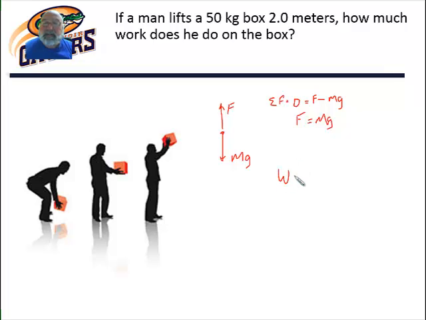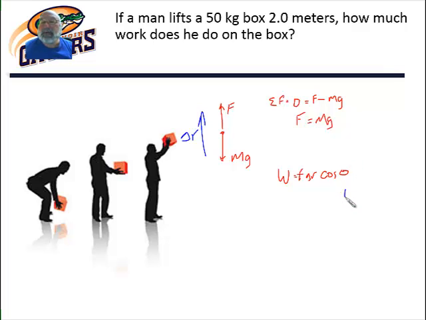Now, going back to the equation for work. Work is equal to force times displacement times the cosine of the angle between the force and the displacement. Well, what's the direction of the displacement? In this case, the direction of the displacement is up. The man is lifting the box up, so the displacement is up. The direction of motion is up, the force is up, and the angle between up and up is 0.